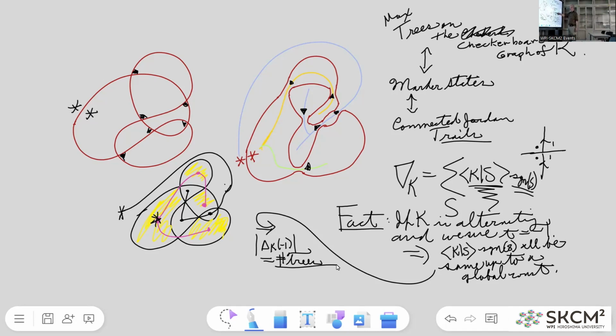And from this point of view, it's because you are summing over those trees. And so under certain circumstances, and one circumstance is alternating, you actually count the number of trees as a topological invariant of the knot. So you might be curious enough to want to know how to fill in the details there. And that's a nice topic for further discussion.